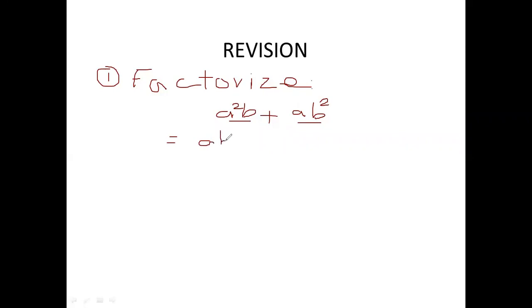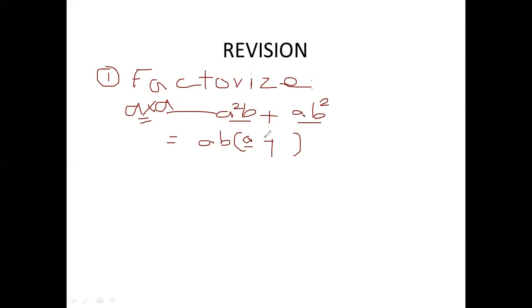If you take AB common here, what is remaining now? Put the bracket. What is remaining from the first term? A is left, because it was A square, which means A into A. When one A goes common, A remains there.